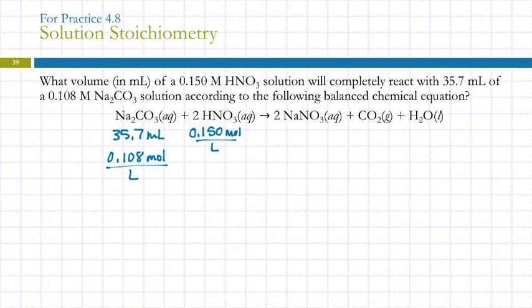What is the question? What volume in milliliters of nitric acid? So question mark, and the unit requested is milliliters. So we learned grams to moles to moles to grams, but this time we don't have grams at the beginning and the end.